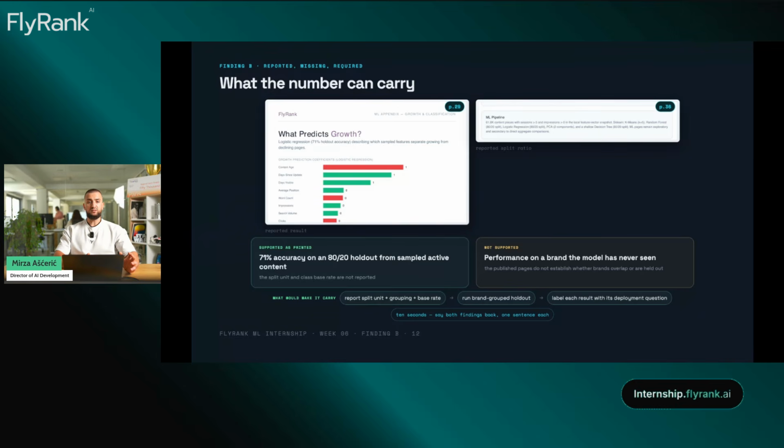What would make it mean more? It should say how it split things, how it grouped things, if brands were the same, how many things were in each group, the base rate, and if it was done more than once. And then it should say what each answer tells us. This is how to fix it, and everyone can see it to decide if it's good.